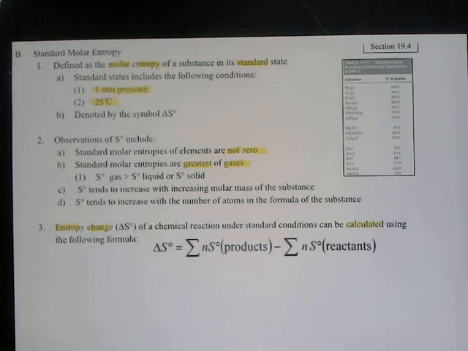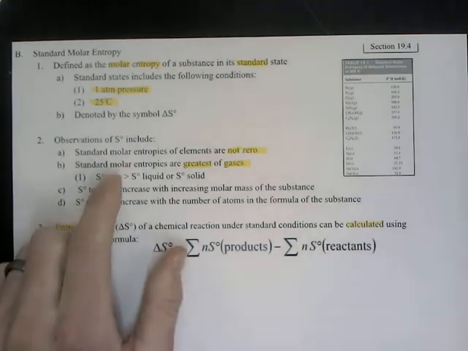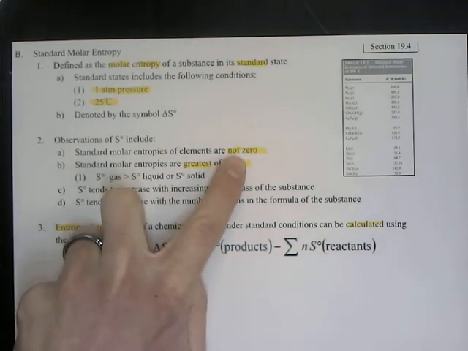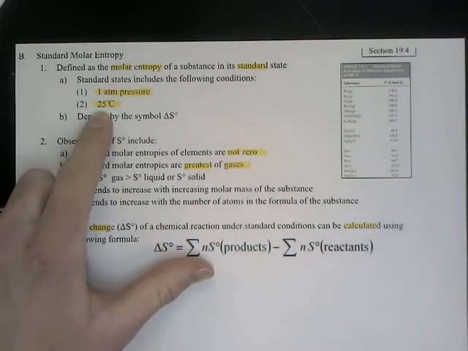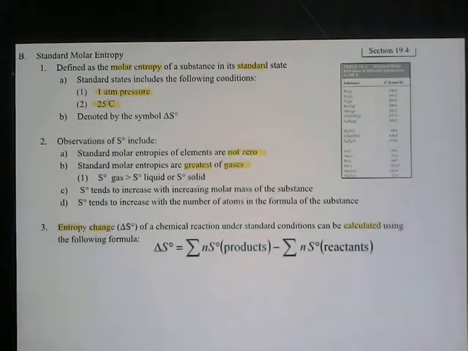But remember this, the only time we're at an entropy of 0 is when we have something at 0 Kelvin in its pure crystal lattice format. So something's always going to have an entropy in standard state, because 25 degrees Celsius is obviously nowhere near 0 Kelvin. We have to keep that in mind here.